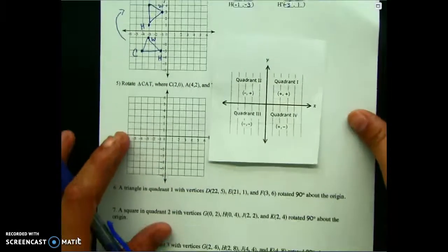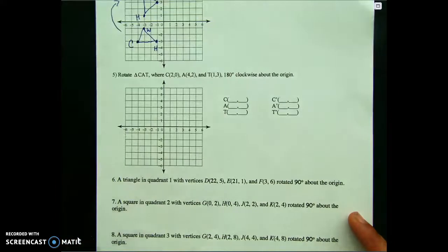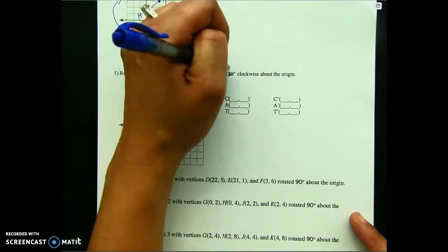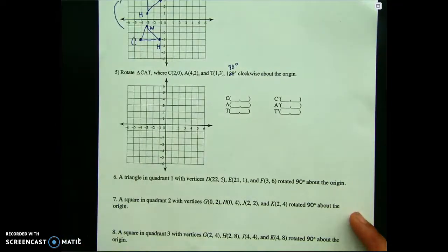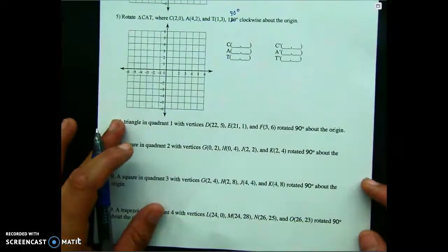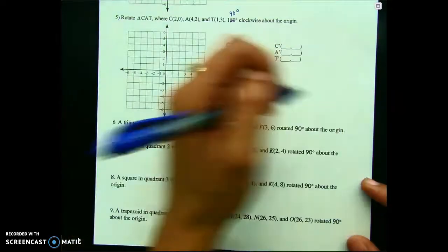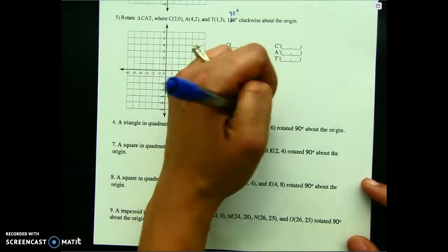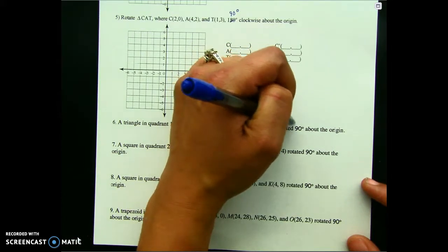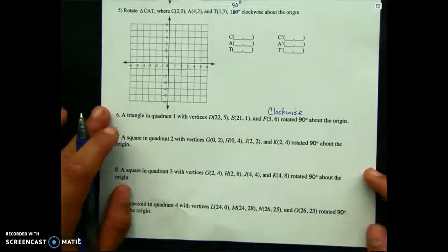I want us to go to number 5. I want us to cross this out and put 90 degrees, because that's what we're focusing on. All right? And really quickly, at the bottom, you'll just be adding that you are going to go clockwise for all of these. I'm going to pick one.